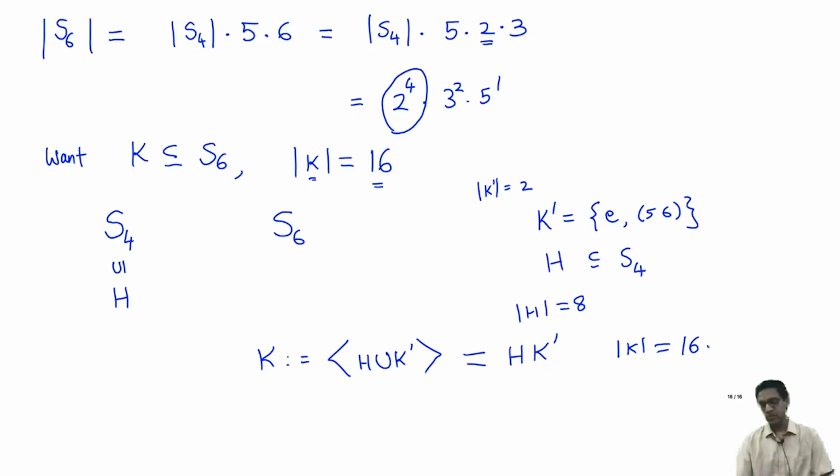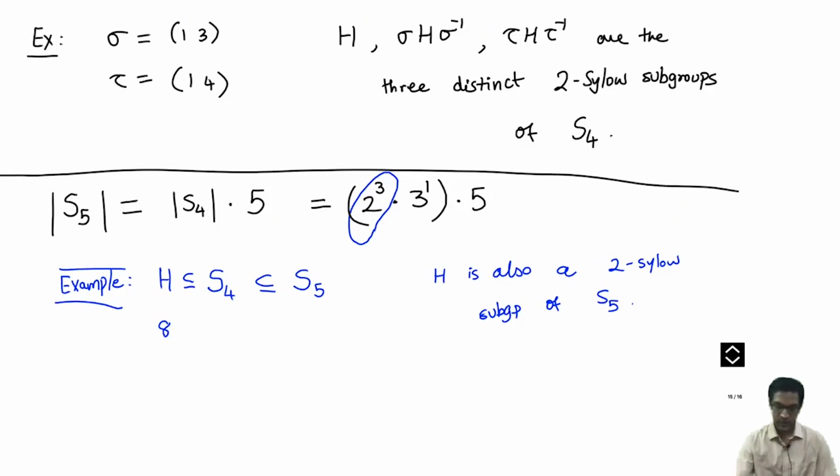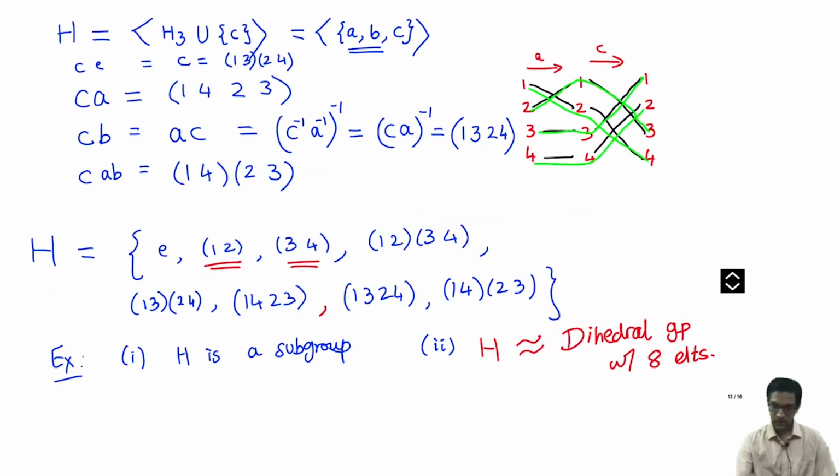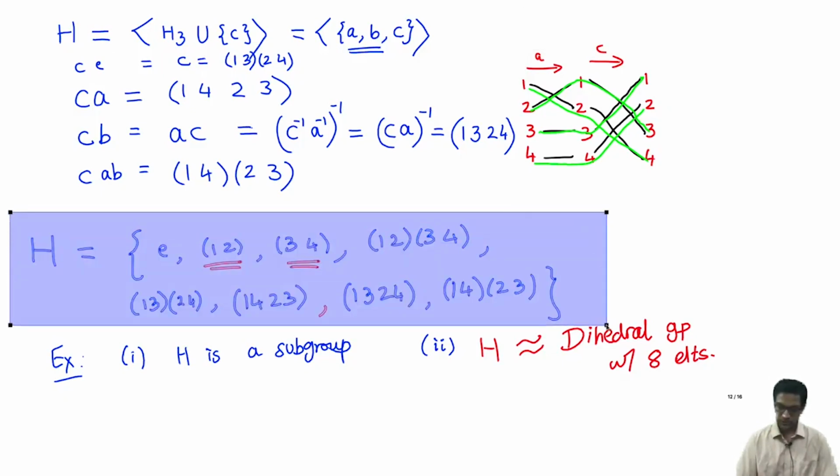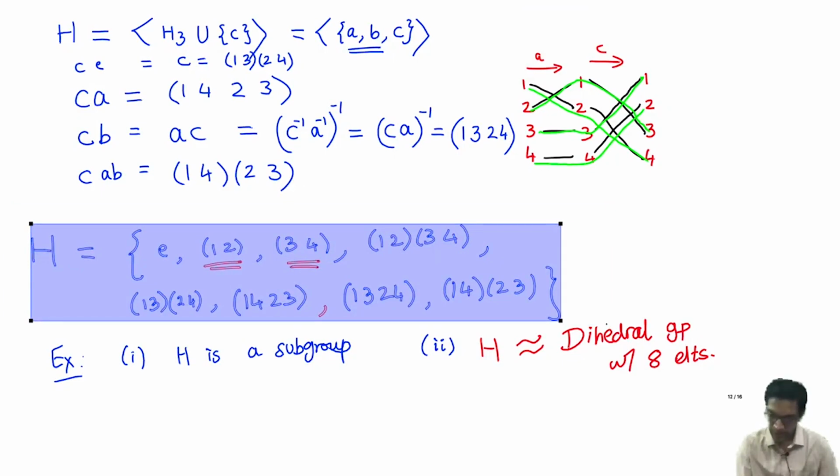And you can, if you wish, write out all the elements. So what do the elements of this K look like? Let me go back to the elements of H. Here are the elements of H. So K is nothing but the same elements of H union the elements of H multiplied by the transposition (5 6). So let's copy H here.